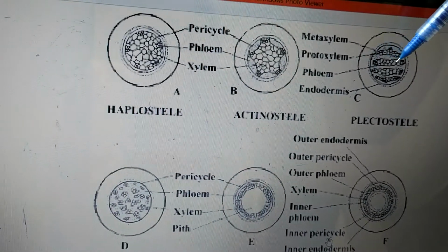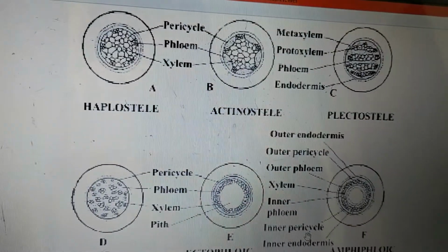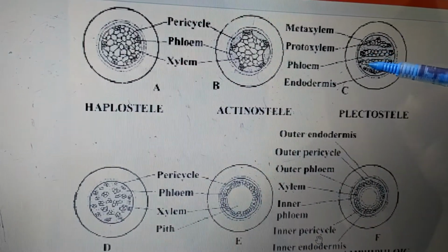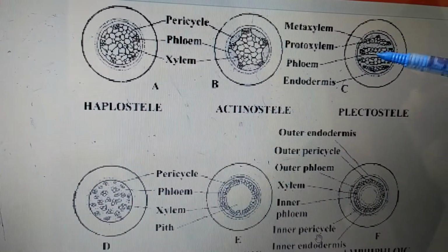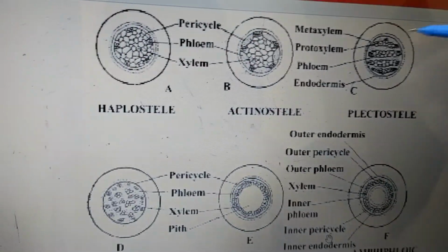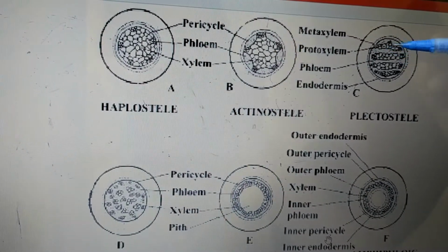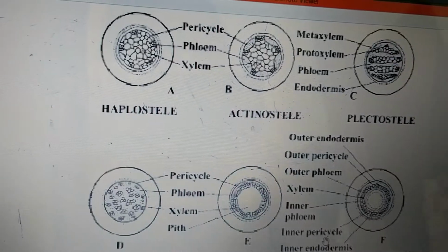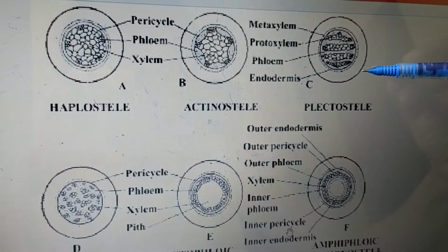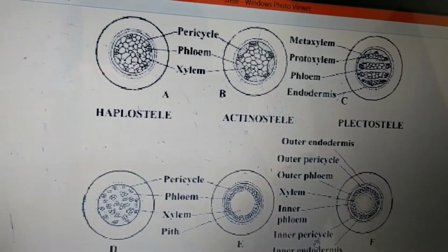We can see at the periphery there is protoxylem and the center will be metaxylem in the xylem plates or bands. And these plates alternate with phloem: phloem, xylem, phloem, xylem. Likewise, xylem and phloem are arranged in the form of plates. Such a stele is called plectostele. This is seen in Lycopodium clavatum.